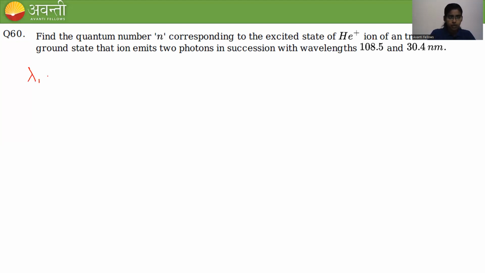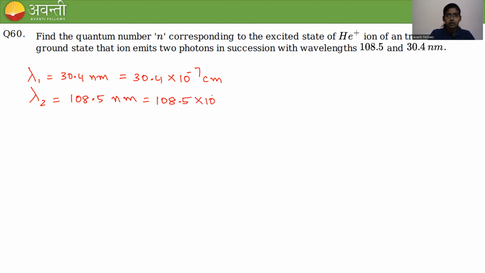So lambda 1 is equal to 30.4 nanometer. Now in terms of centimeter, it would be 30.4 into 10 power minus 7 centimeter, right? Now the second lambda value, that is 108.5 nanometer, is nothing but 108.5 into 10 to the power minus 7 centimeter.